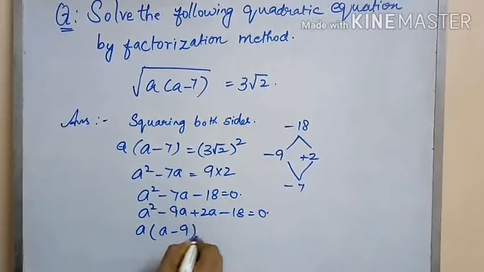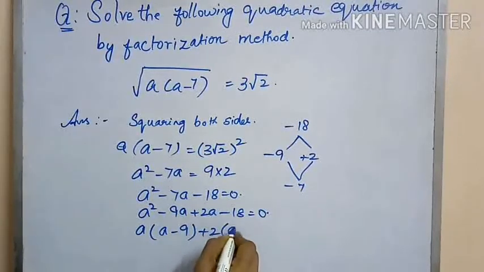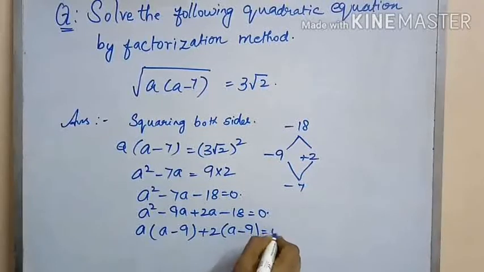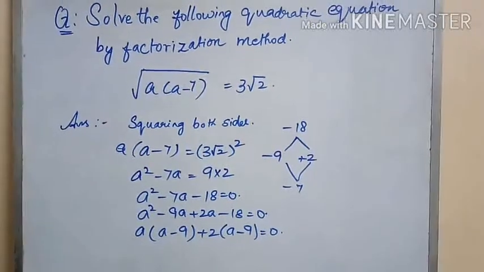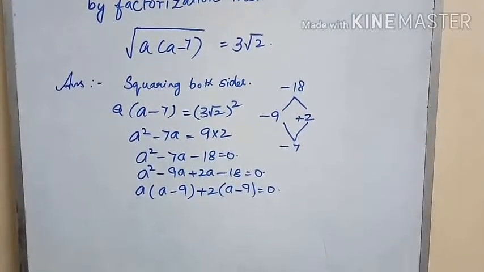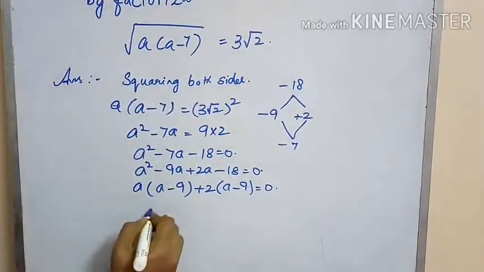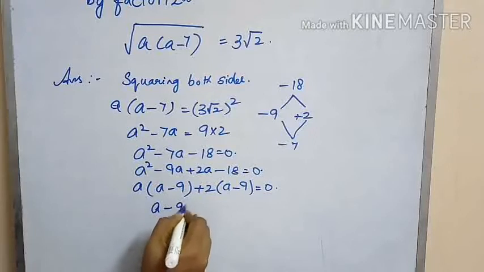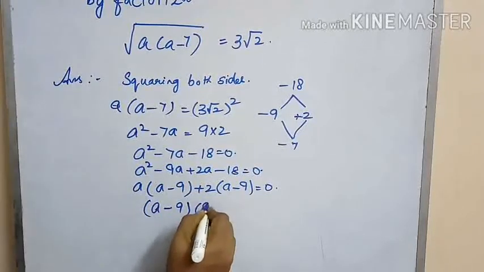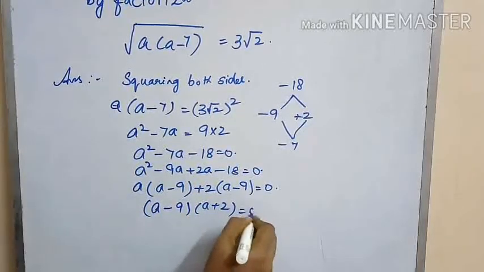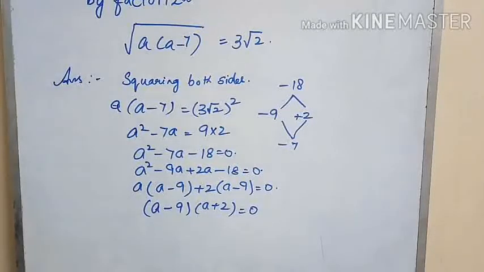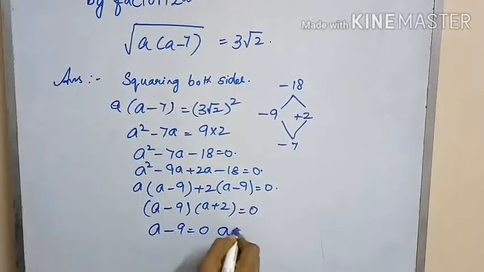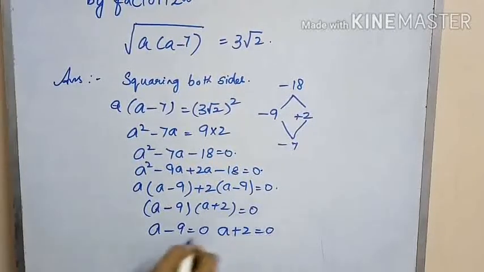Now by grouping method, we get a into a minus 9 plus 2 into a minus 9 is equal to 0. So the factors of the given equation are a minus 9 into a plus 2 is equal to 0. Equating to 0, we get a is equal to 9 and a is equal to minus 2.